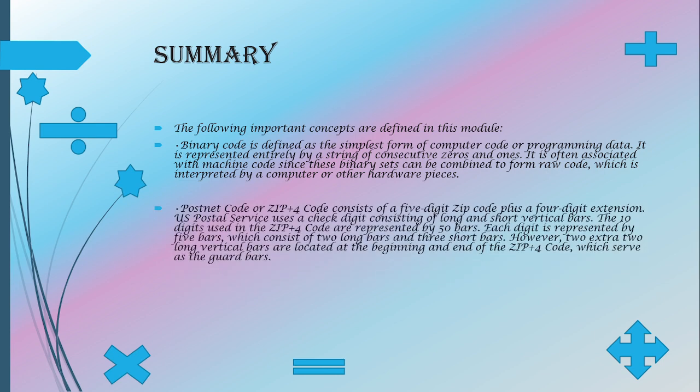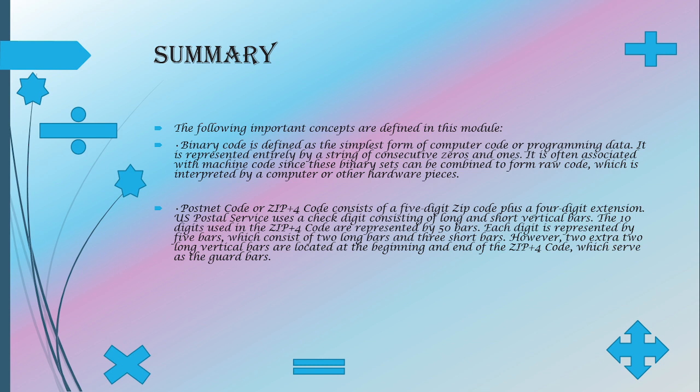Postnet code or zip+4 code consists of a 5-digit zip code plus a 4-digit extension. The U.S. Postal Service uses a check digit consisting of long and short vertical bars. The 10 digits used in the zip+4 code are represented by 50 bars.